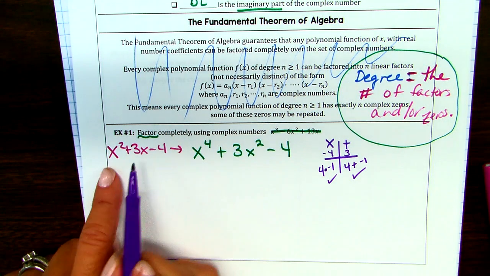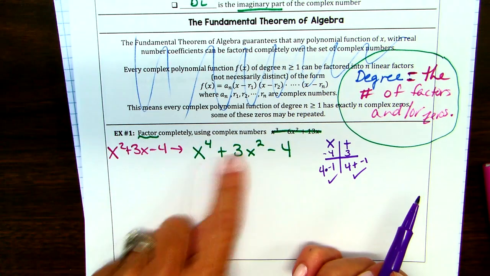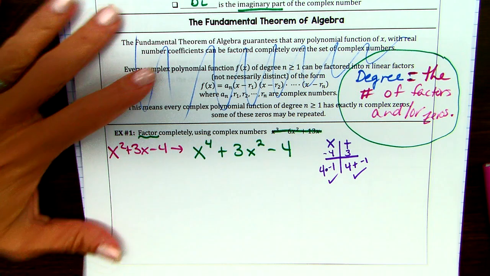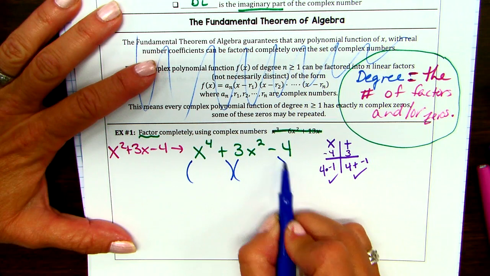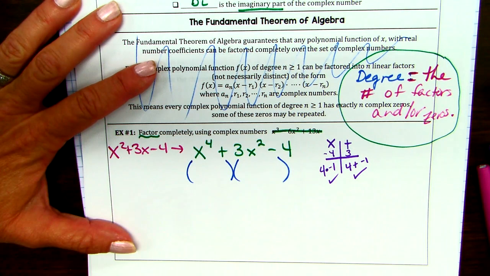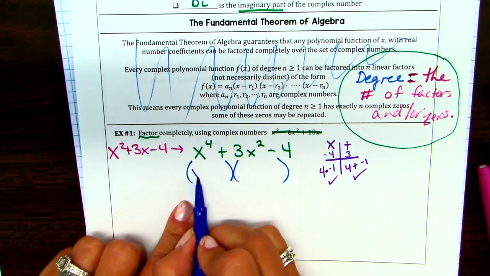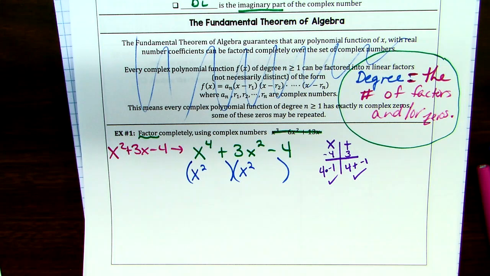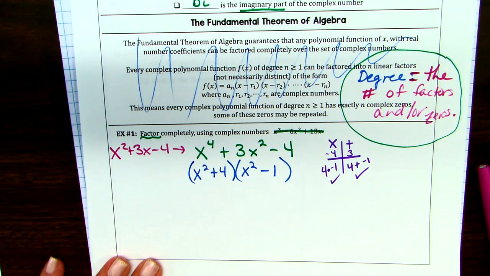And when we were just doing a quadratic trinomial versus a quartic trinomial, we would go right to our parentheses, bring those numbers over, and be done. We're almost done. We're still going to have our two parentheses, and we're still going to bring those numbers over, but instead of x and x, it's going to be x squared and x squared. That's the only difference, really. Bring over the +4 and the -1. Order doesn't matter.